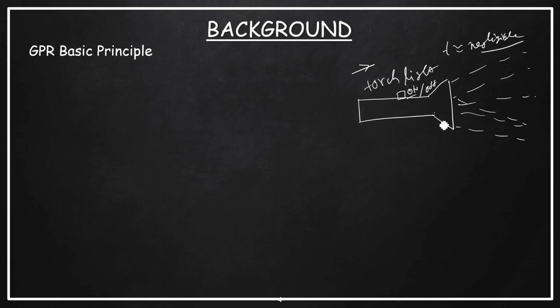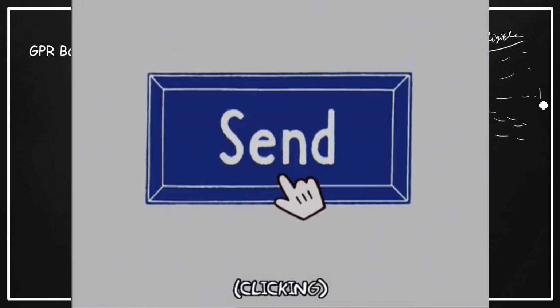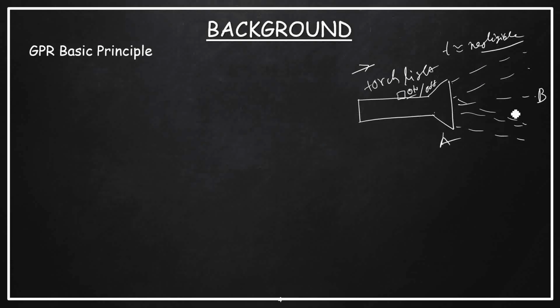So when you are putting this on and off without keeping it on for a large time or off for a large time, that means you are sending an impulse from point A to point B. The person standing at B will be looking at that light and will see the blinking of the light.